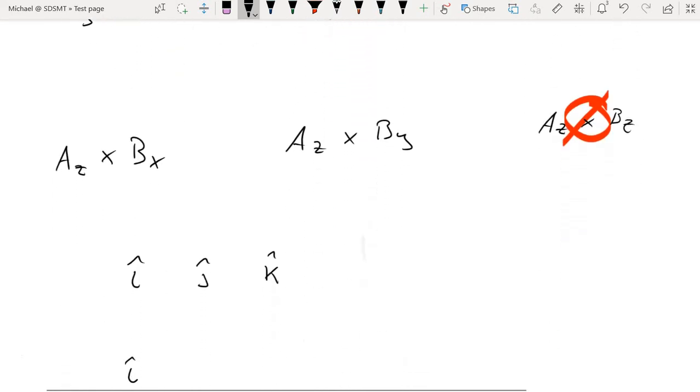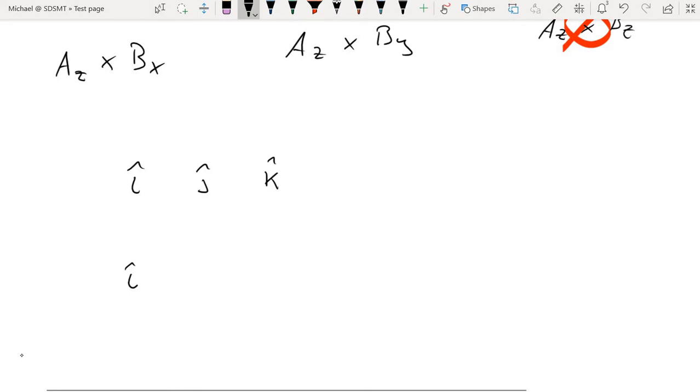So AX is an X component, that is the I hat direction. BY is a Y component, that is the J hat direction. And as a result, we have to get something in the k hat direction, but is it positive or negative?